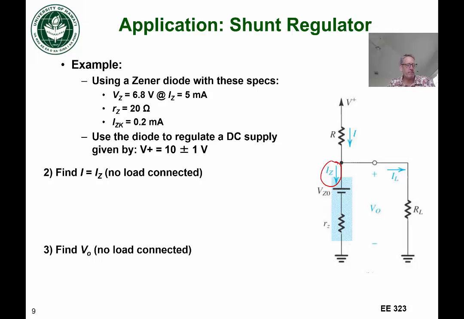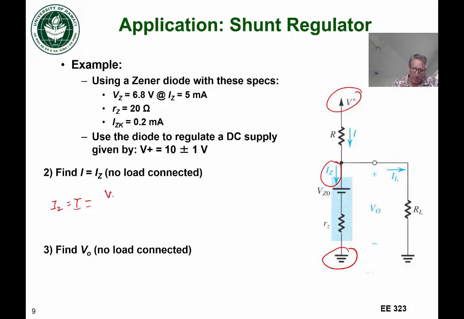So how would we do that? Well, we can write that IZ is equal to I, right? There's no load connected in this example so far, which is going to be equal to V plus minus ground, so that's just V plus minus V0 divided by the total resistance. So it's the voltage drop divided by the resistance.